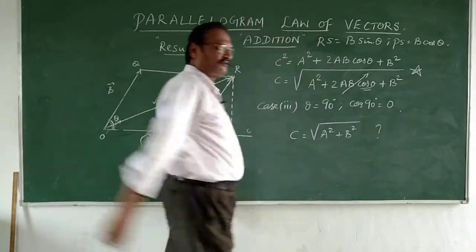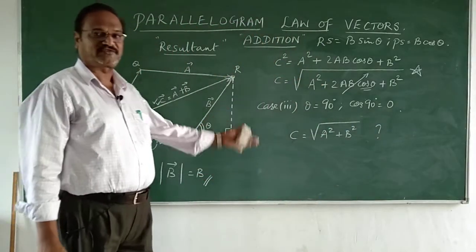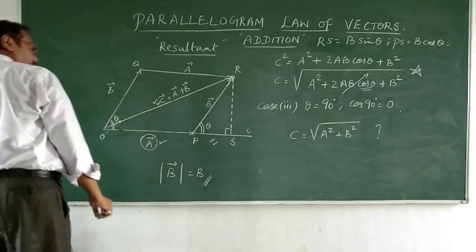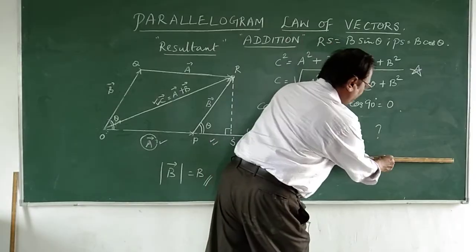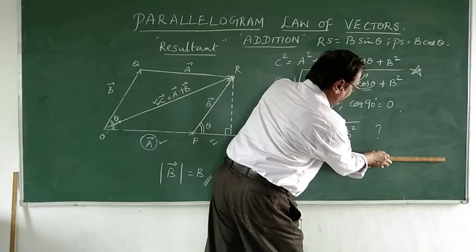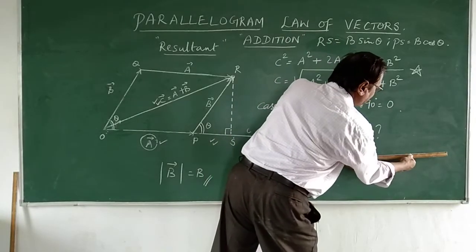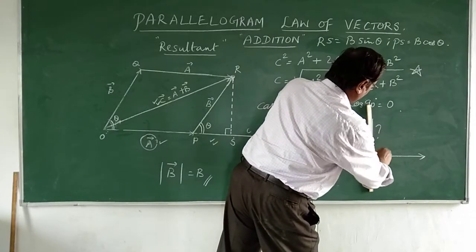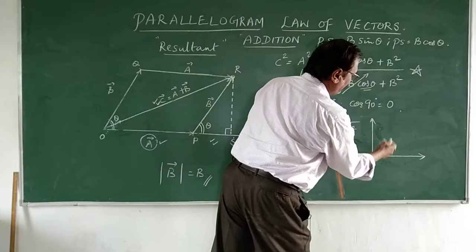What is this? This is nothing but Pythagoras theorem. What has happened actually in the simplest form? One vector is like this, and another vector is like this, perpendicular.